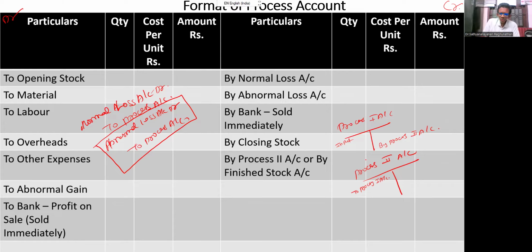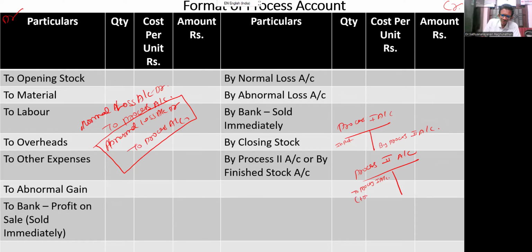So in process two account, as I told, the output of the process one account will be the input for the process two account. In such a situation, to process one account, you have to put it in the debit side of the process two account. Which means it has been transferred from the process one account. That is the meaning.